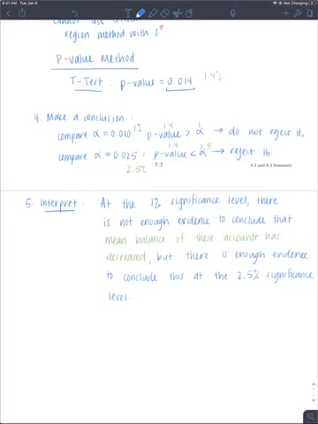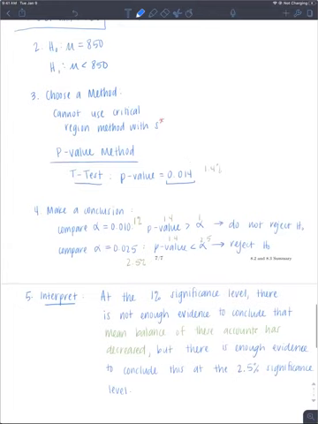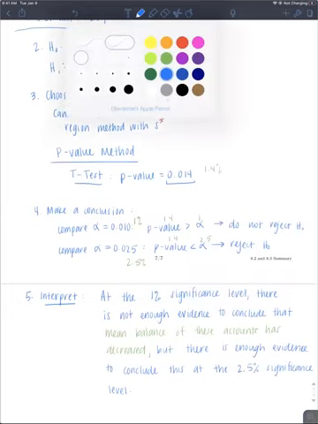Somebody just asked, how do we know when to say not enough evidence and when to say there is enough evidence? Essentially, you're always trying to say, can I say that my null hypothesis is true, or can I say that my alternative hypothesis is true? So let's take notes on this.